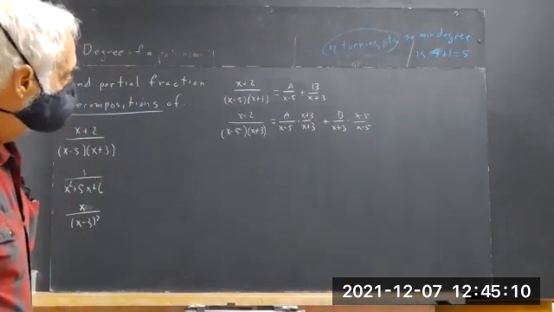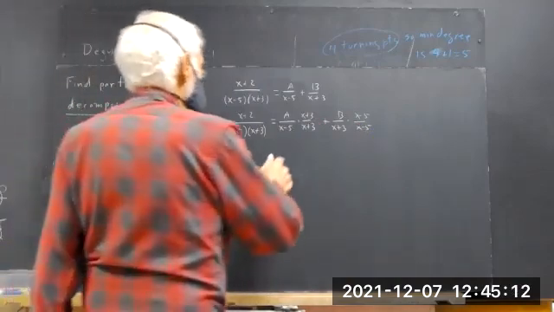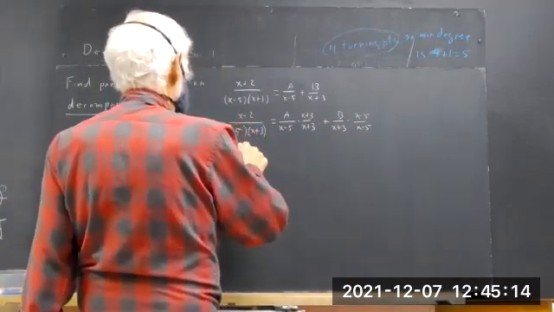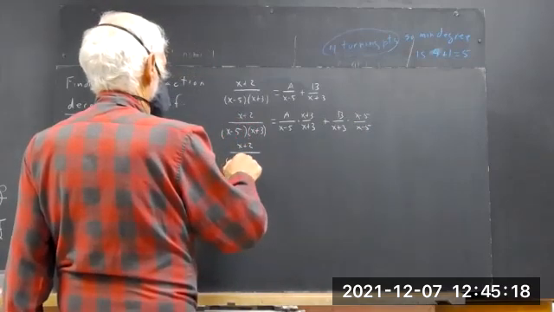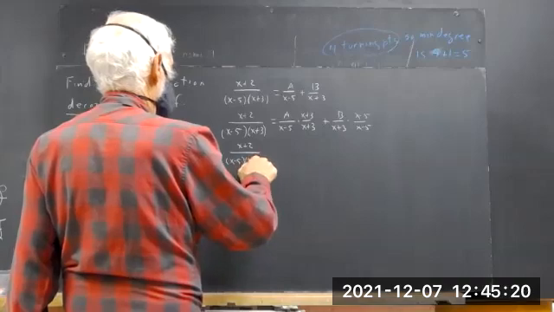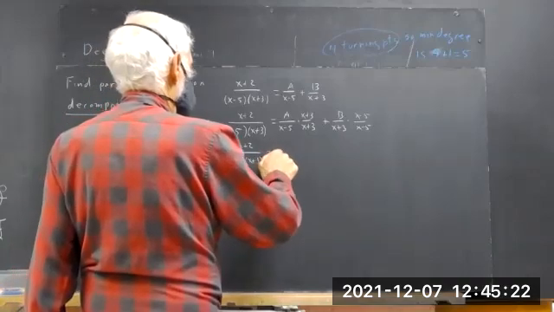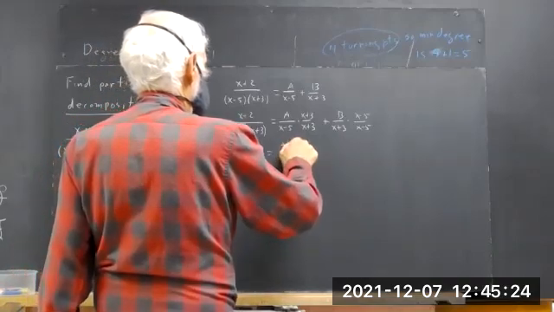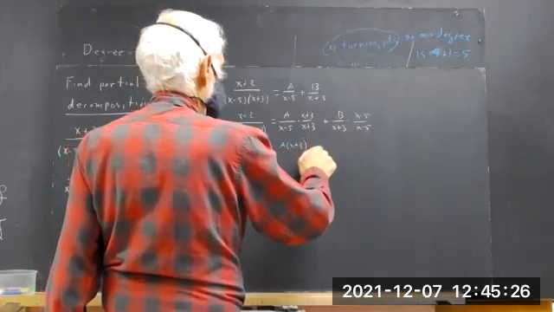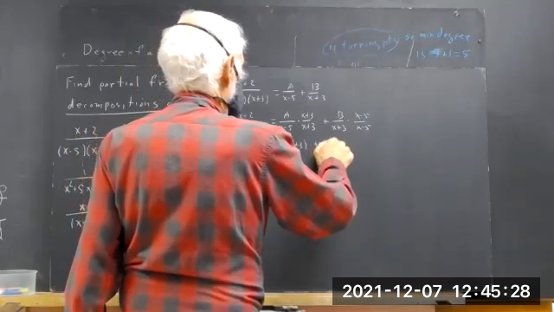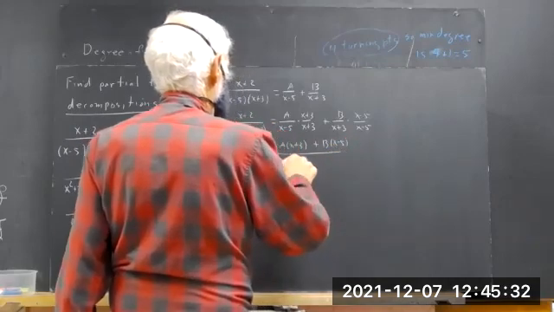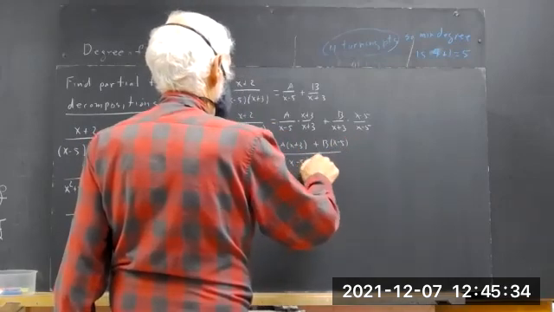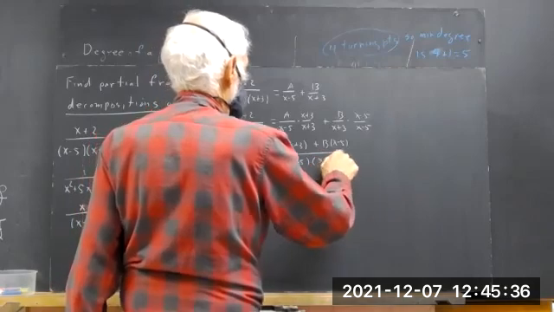There we have it. So we end up with x plus 2 over x minus 5 times x plus 3 equal to a times x plus 3 plus b times x minus 5 over x minus 5 times x plus 3.